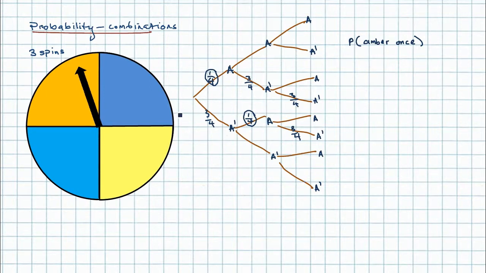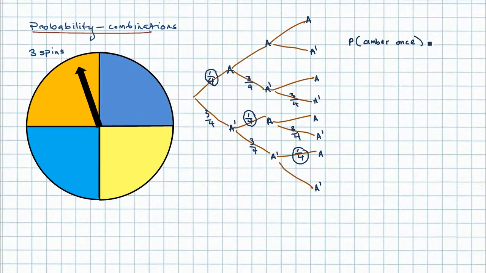So if we look at our third possibility, if we get it landing on amber in the third spin, it would be here. But again, these first 2 spins would have to give us a probability of 3/4. And every time we're multiplying this together to get the same outcome.